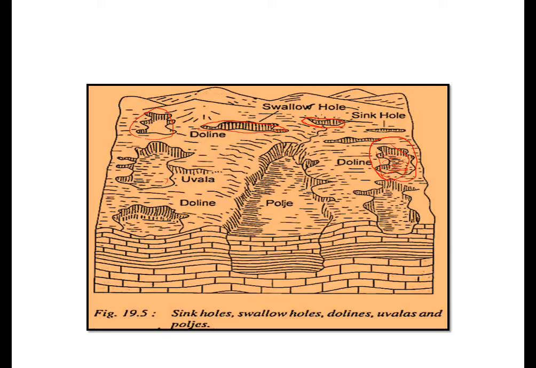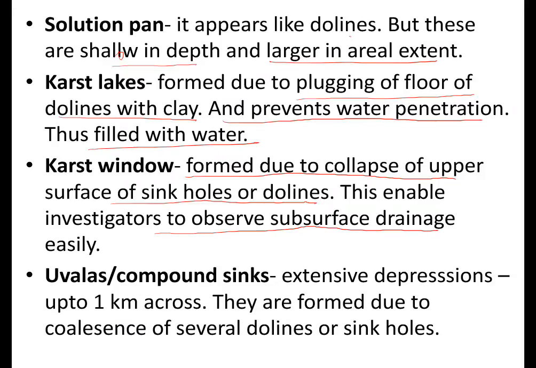Then the investigator can see the subsurface drainage system, suppose the water is flowing under the ground surface like this, then it can easily be observed. So that's how karst windows are formed, because of the collapse of the upper surface of sinkholes or dolines.